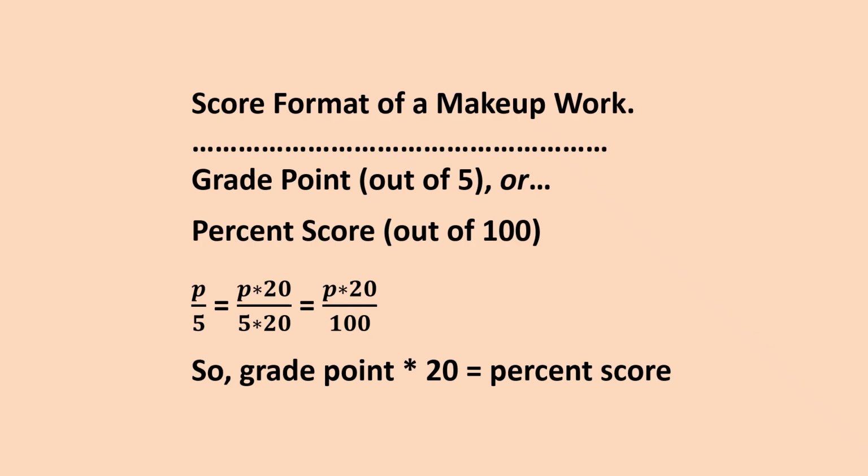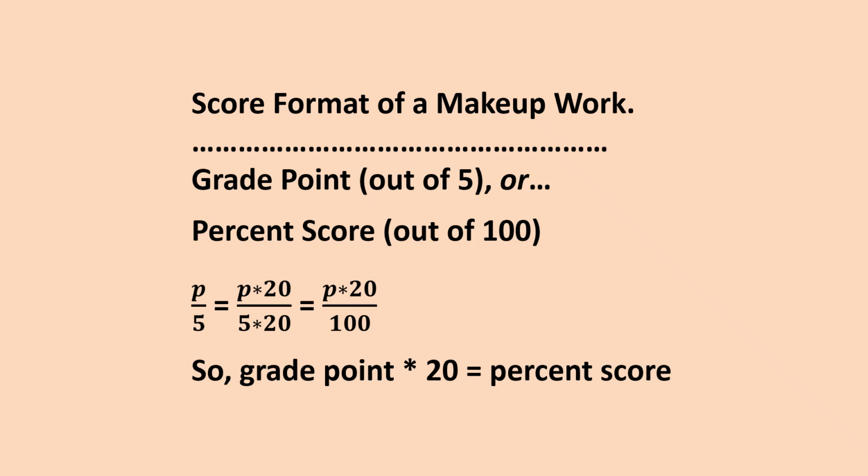So a grade point of 4 is equal to 80%, 4.1 is 82%, 4.2 is 84%, 4.5 is 90%. So you can multiply grade point by 20 to get a score out of 100. Grade point multiplied by 20 equals percent score.